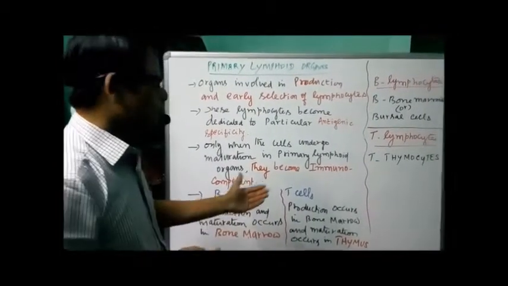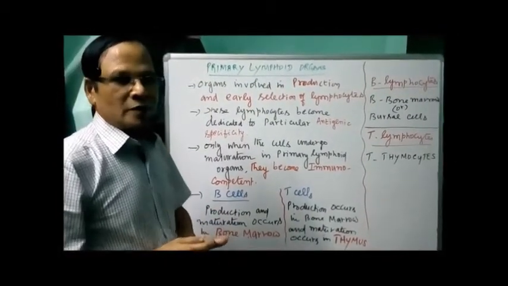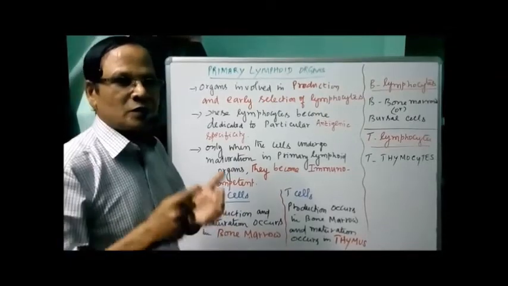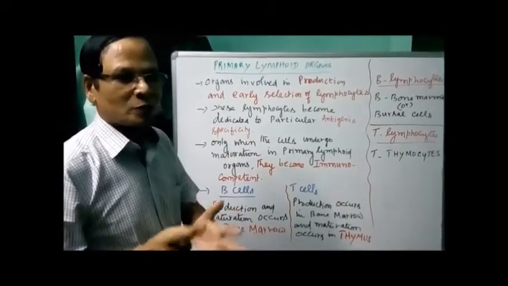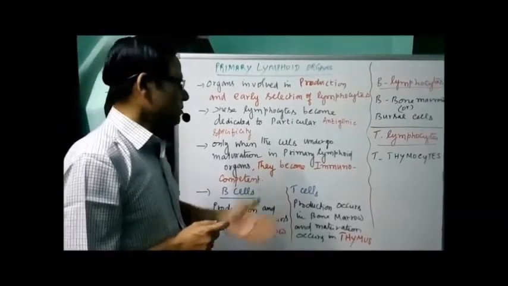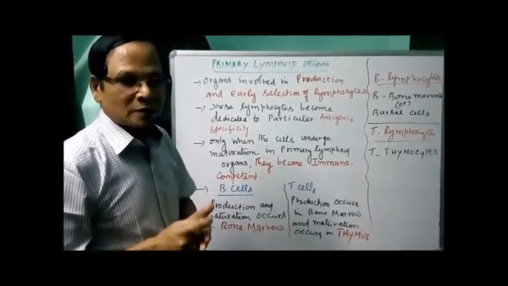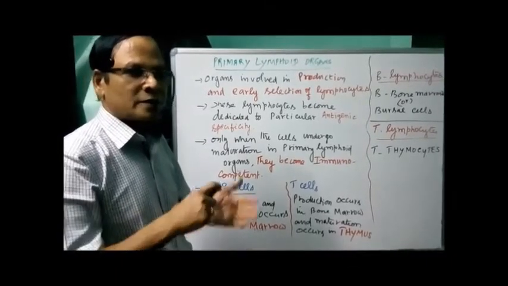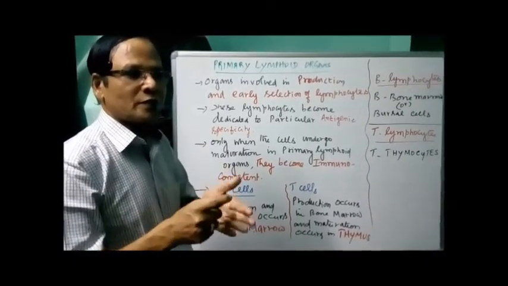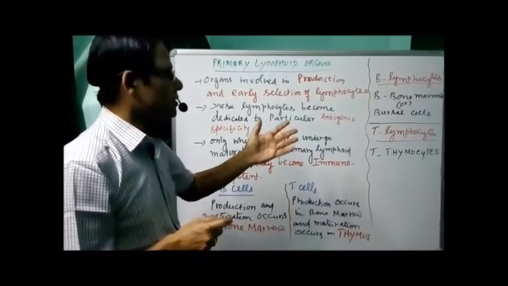What is the main difference between these two? The B lymphocytes undergo production and maturation in the bone marrow. Regarding the T cells, they are produced during the embryonic stage in the bone marrow and are transferred to the thymus, where they mature.